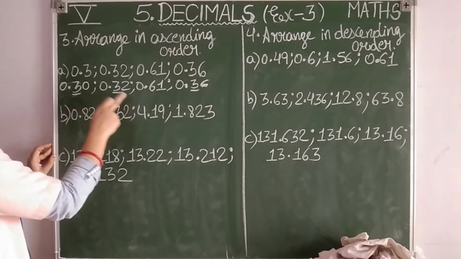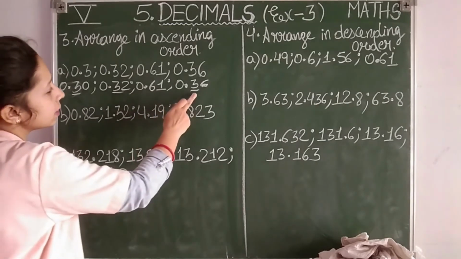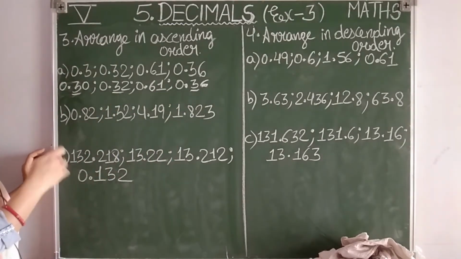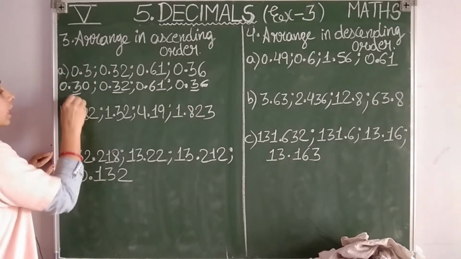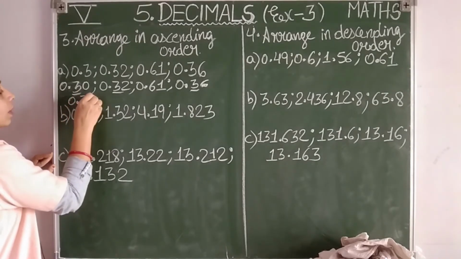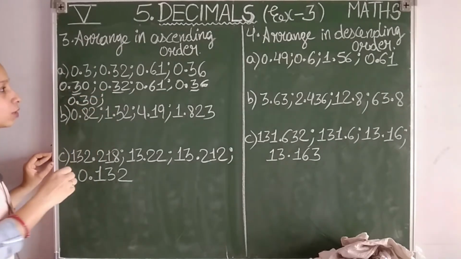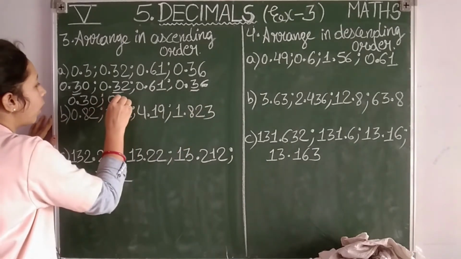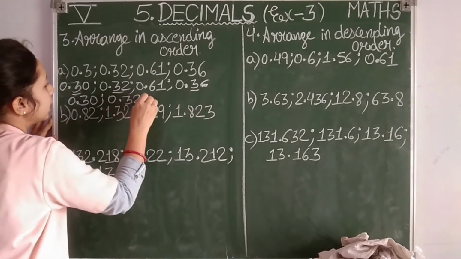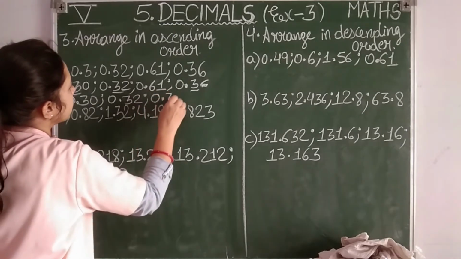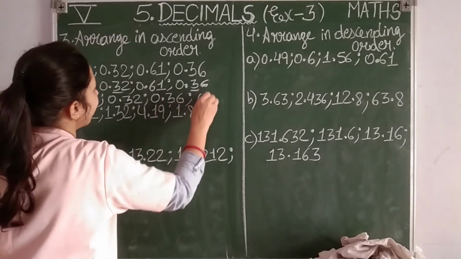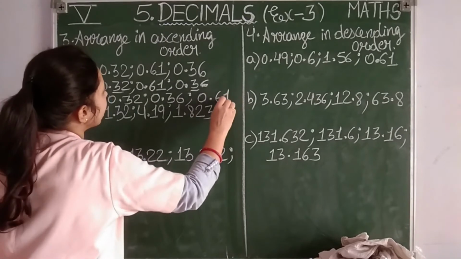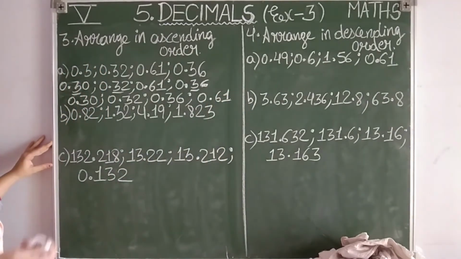Here it is 0, here it is 2, and here it is 3. Which hundredths place is smaller? This one. So this will be our smallest decimal number, 0.30. Now here 2 and here 6. So that's why 0.32, then next 0.36, and the highest decimal number here will be 0.61. Clear, students? So this is your answer.